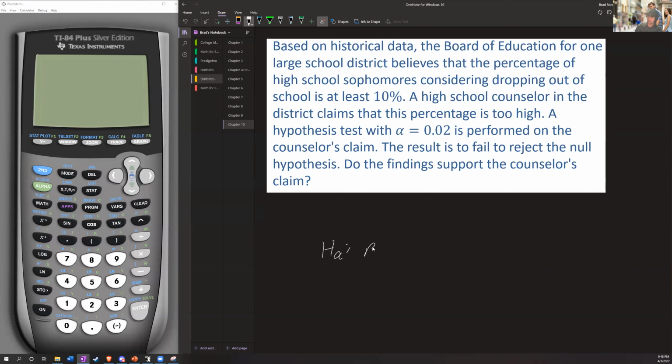My alternative hypothesis is that P is less than 0.1, because 10% is too large, and my null hypothesis is that P equals 0.1. If we do not reject my null hypothesis, that means we cannot conclude H sub alpha, and thus it does not support this claim.